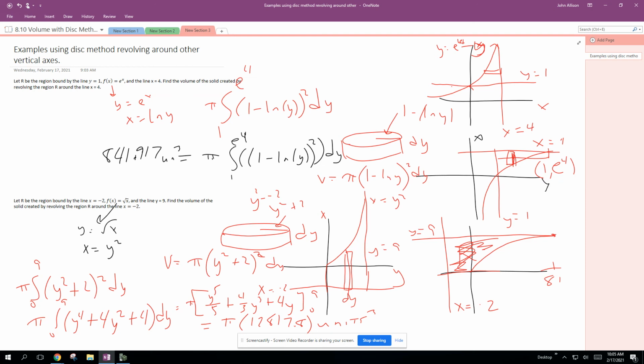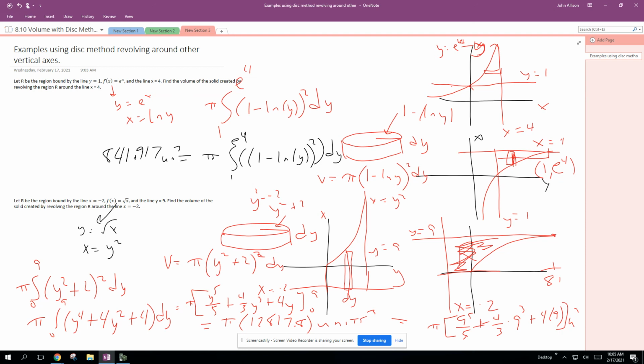If we were going to do this on a non-calculator part, we would have simply plugged in the 9. So that's pi times 9 to the 5th over 5 plus 4/3 times 9 to the 3rd plus 4 times 9, in units cubed.